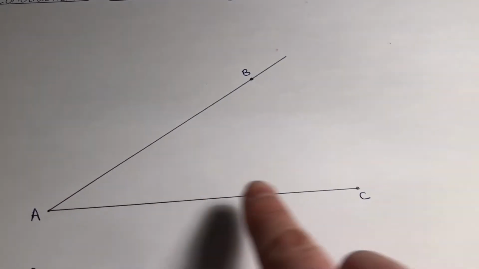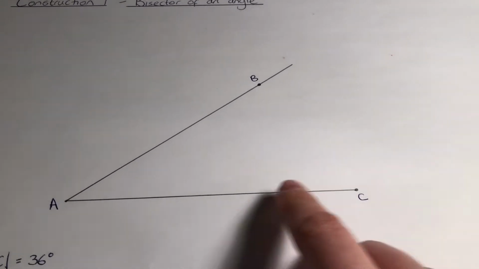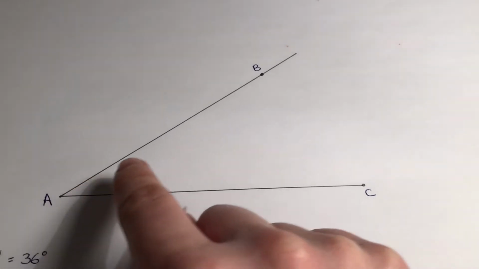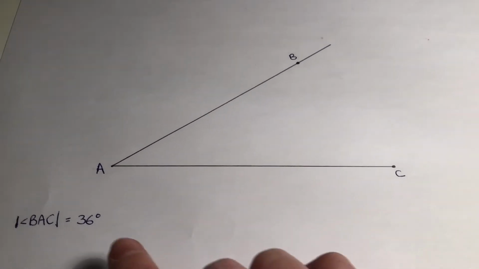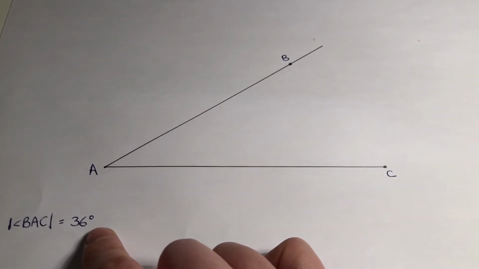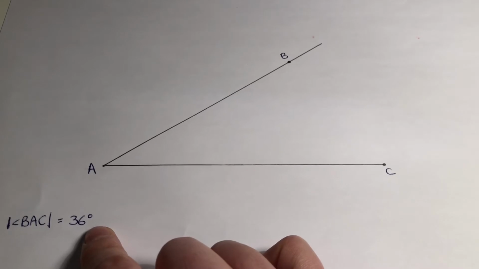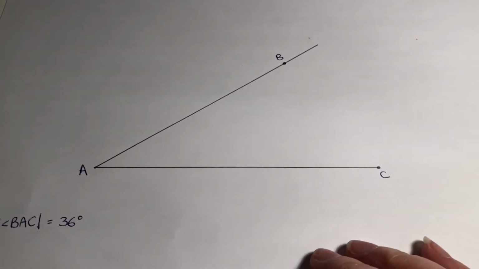You'll be given an angle, and construction 1 then is asking us to cut this into exactly 2 parts. So in effect, we're going to be creating 2 angles, which will be how many degrees each? Did you say 18 degrees?